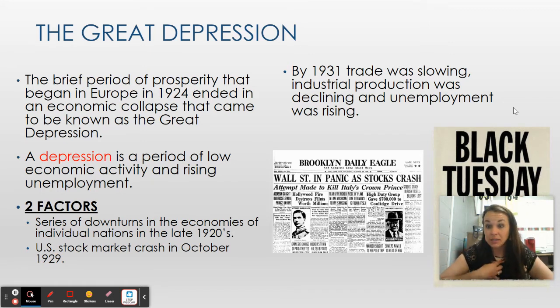The United States was arguably hit the hardest, and a lot of it had to do with our prosperity in the 20s. We had so much disposable income that we pumped so much money into the stock market instead of being more cautious and holding back, that when the stock market crashed, yes, we lost everything.